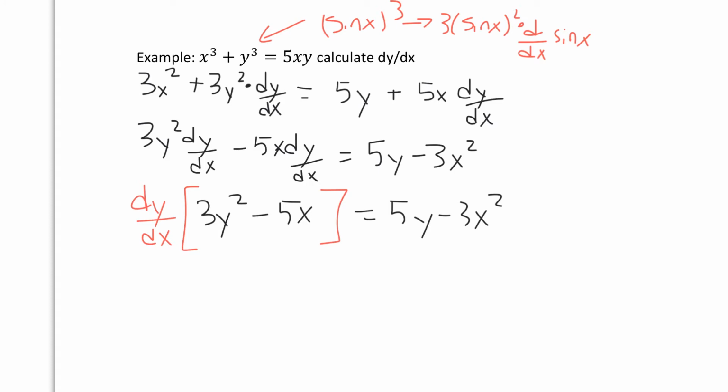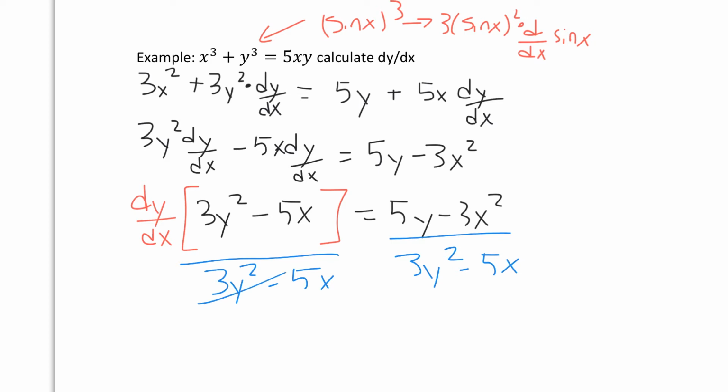Well, if I was doing a simple algebra problem, and you could imagine this as my x that I was trying to solve for, I would divide by the stuff that's multiplying the x, so the x would be all by itself. The same methodology applies here. I want to divide both sides by what's multiplying the dy dx. So I want to divide by 3y squared minus 5x, divide by 3y squared minus 5x, because that will cancel out this with this.